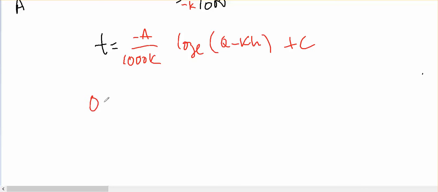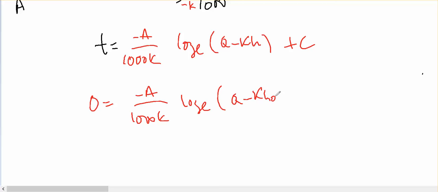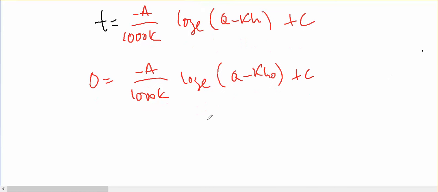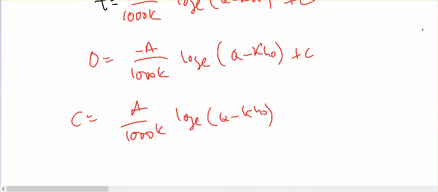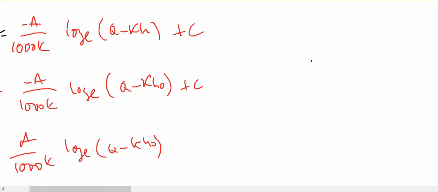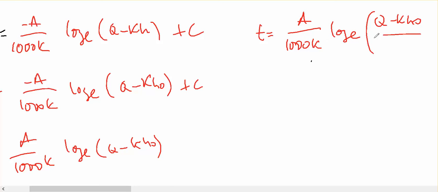And I know that at time 0, H is H0, so 0 equals negative A on 1,000k log base e of Q minus kH0 plus C. Therefore, C equals A on top of 1,000k log base e of Q minus kH0, which means that T equals A on top of 1,000k log base e of Q minus kH0 on top of Q minus kH.